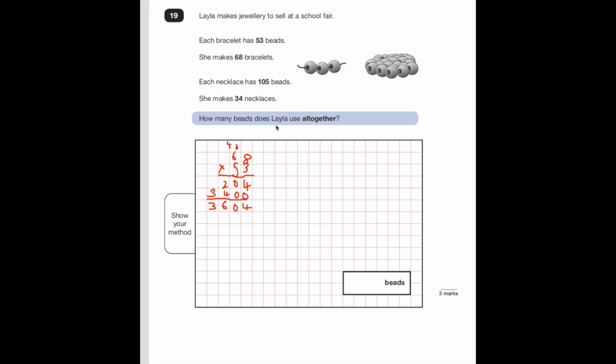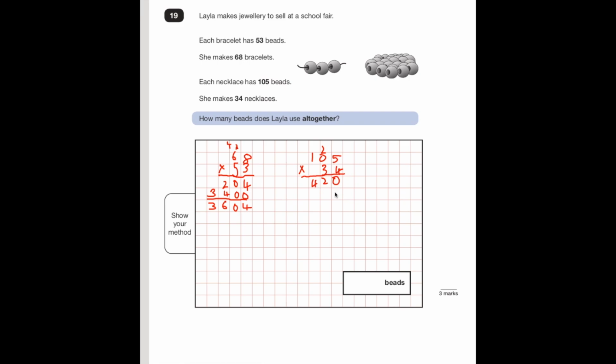And lastly, in order to make all these necklaces, she's going to need 105 beads per necklace, but she's making 34. So we need to do 105 multiplied by 34. Same thing again, 5 times 4 is 20, put the 0, carry the 2, 4 times 0 is 0, plus the 2 is 2, 4 times 1 is 4.